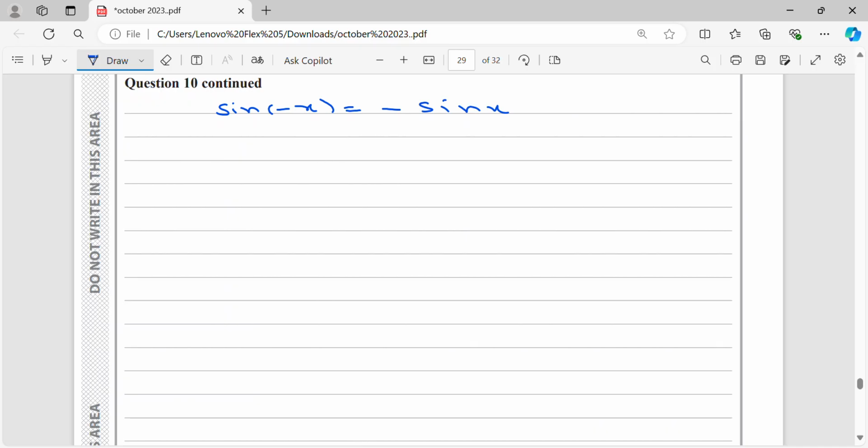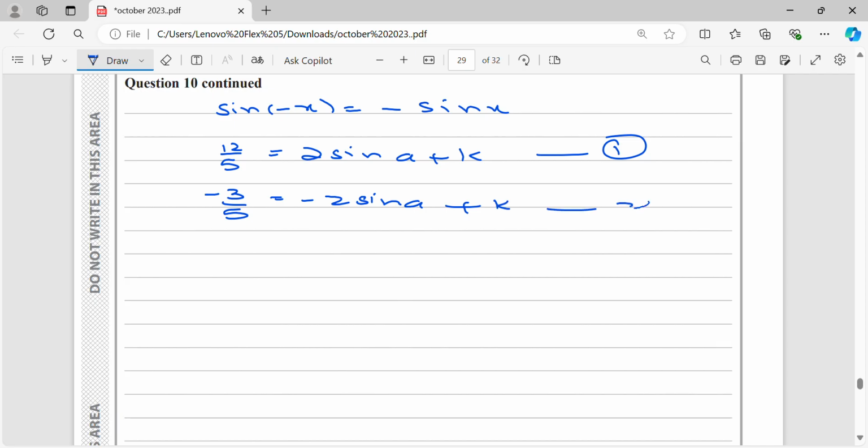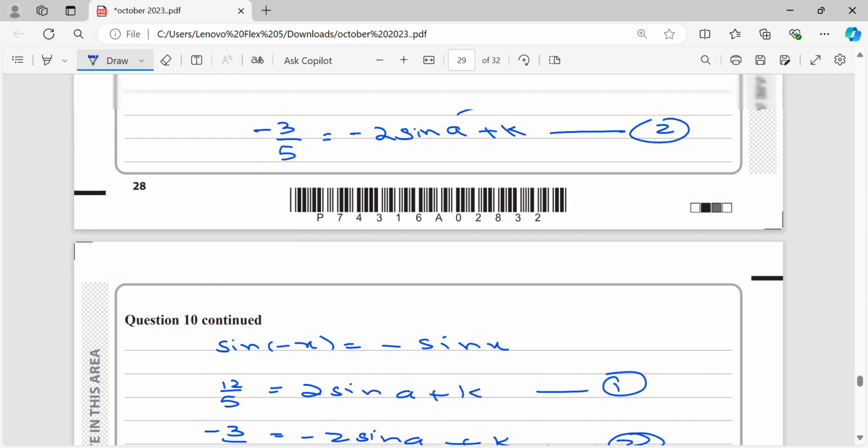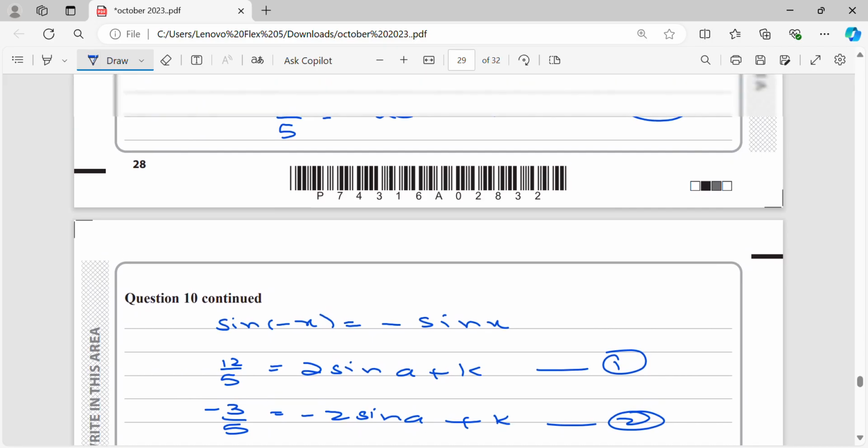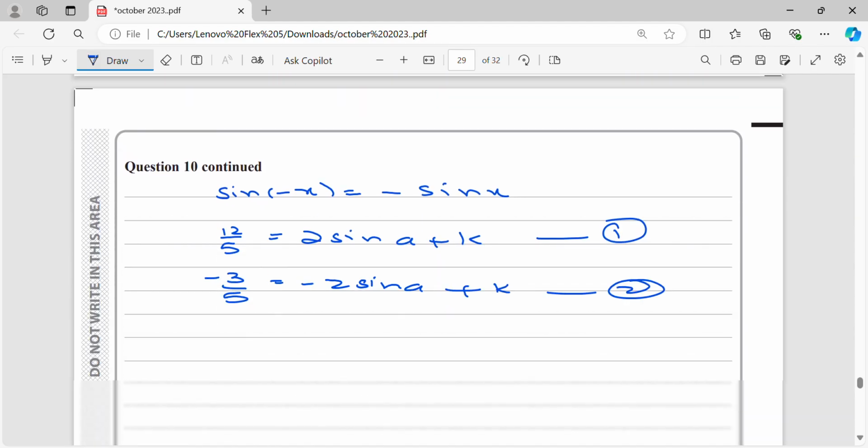Let's rewrite both equations here and solve. 12/5 = 2 sin a + k. This is equation number 1. And -3/5 = -2 sin a + k. This is equation 2. Let me recheck, is it correct? -2 sin a. Yes.